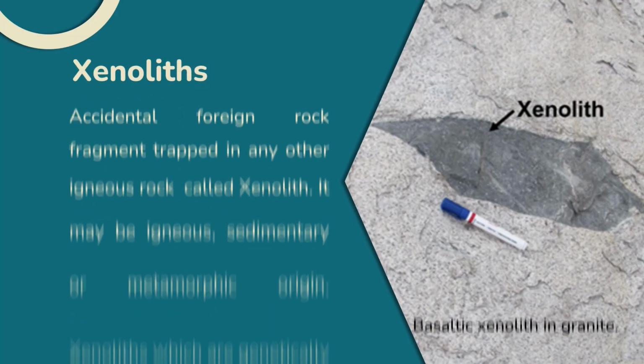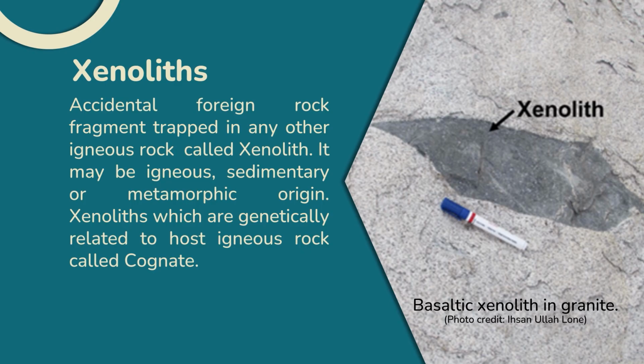Another important thing is xenoliths. Xenoliths are accidental foreign rock fragments trapped inside any other igneous rocks. The accidental material may be derived from igneous, sedimentary or metamorphic origin. Xenoliths which are genetically related to the host igneous rock are called cognate.